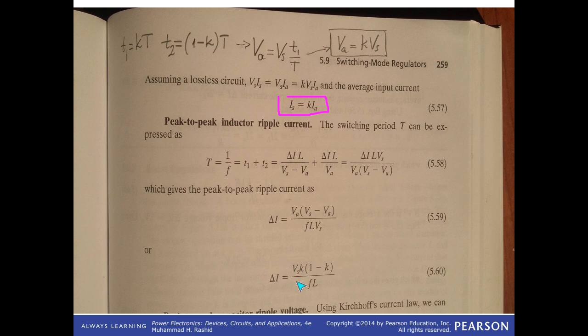Frequency and inductance. Increasing inductance is necessary to sustain a continuous current mode. It's good, but that means money, cost, and increasing L means volume. That means weight. So you cannot increase it indefinitely to infinite value.